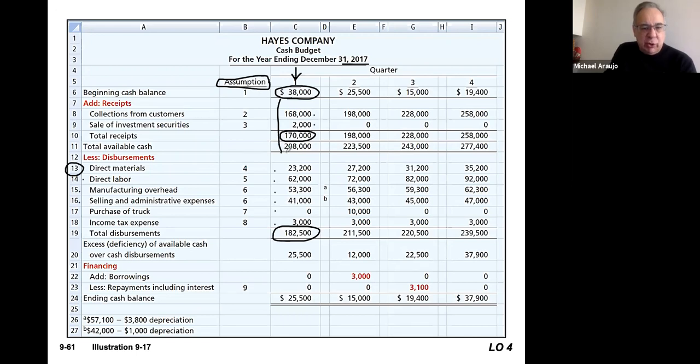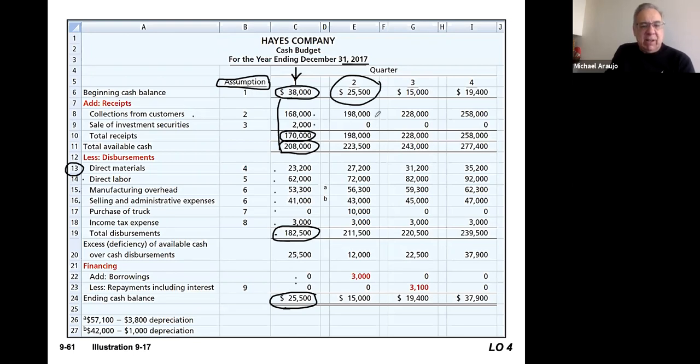Well, they have $208,000 of cash expected in that quarter. That's what they need to pay out. They have $25,500 more than they need. And that becomes the balance at the end of that quarter, because there's no need to borrow because they're over 15,000. The ending balance of the first quarter is the beginning balance of the second quarter. Okay, we follow that?